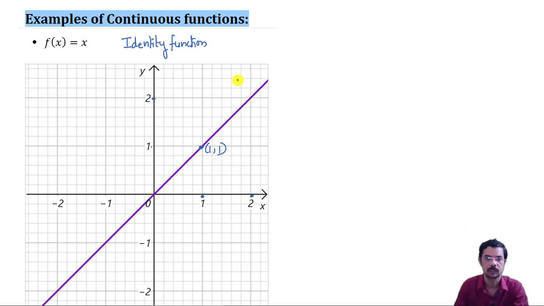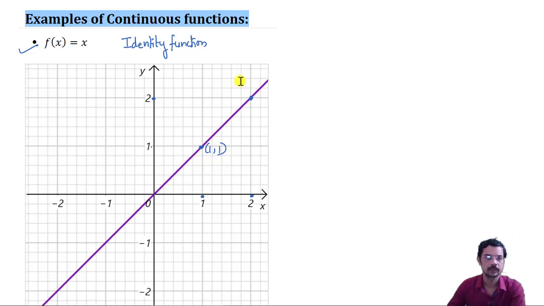Y means f of x. So like that we can get infinite many points, and this line represents the graph of this curve. Therefore this line is a continuous function.